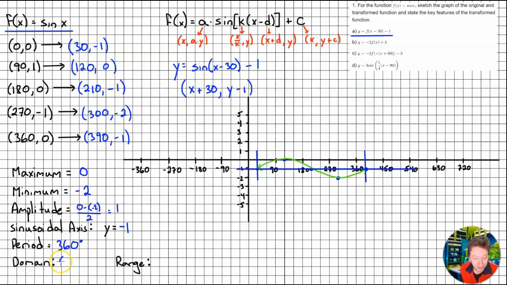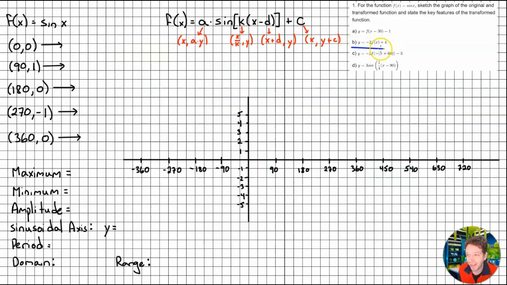Our domain, this just keeps going in all directions for x. And then our range, we use our maximum and minimum. So -2 is less than or equal to y, which is less than or equal to 0 for all real values of y. And that's all there is to it. Let's do a couple more examples together, and by the end, you'll be good to go.